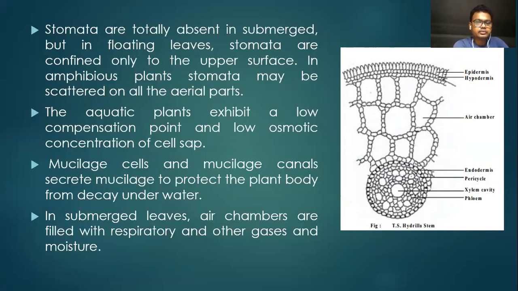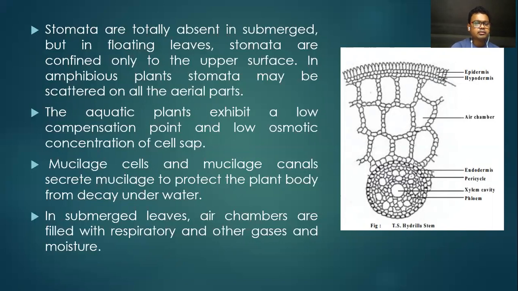That's why the stomata are confined to the upper surface. In the case of amphibious plants, those present near the water body, the stomata may be scattered over all parts, because they are not submerged or floating on the water body. They are present near the water body. That's why they show scattered stomata.